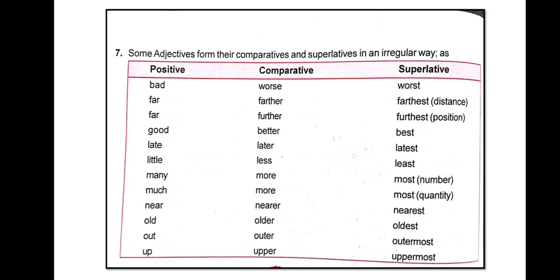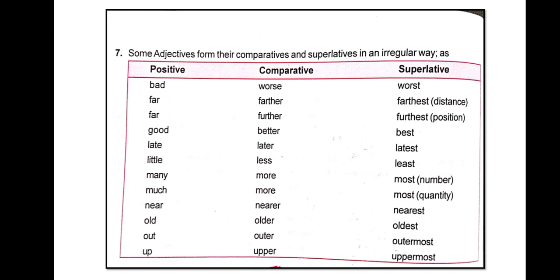Okay, see here: bad, worse, worst; far, farther, farthest; far, further, furthest. Here the first far shows distance, and the second, further and furthest, shows position. Good, better, best; late, later, latest; little, less, least; many, more, most; much, more, most.